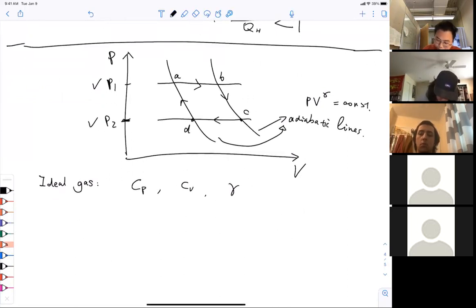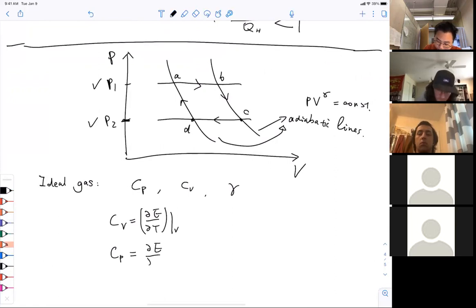Just to refresh your memory, CV is partial E, partial T at fixed V. CP is partial E, partial T at fixed P, plus P.